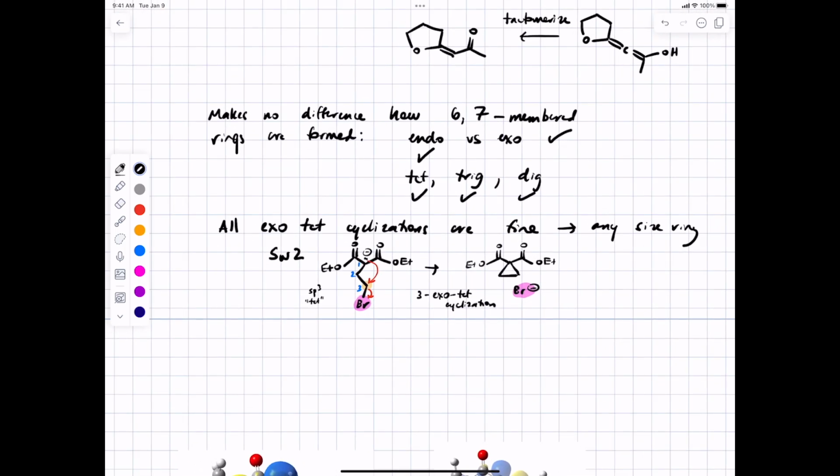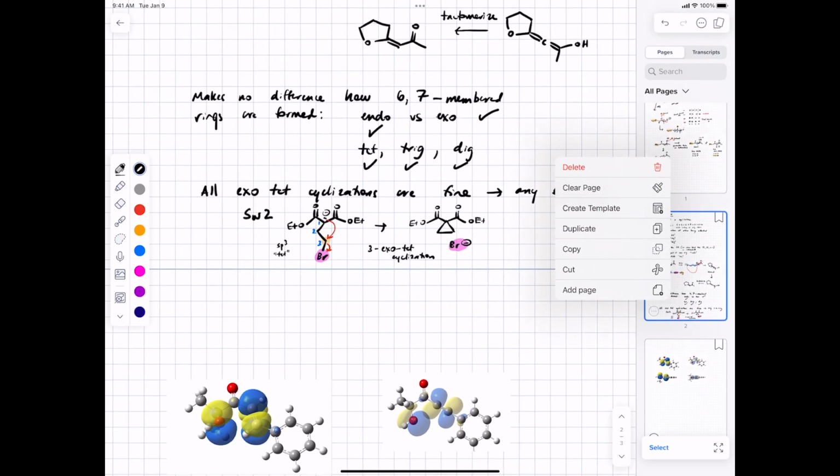Okay. But there are some interesting trends in the range of 3, 4, and 5-membered rings when the carbon that you're attacking is sp2 versus sp3 hybridized, and whether the atom that gets the electrons is inside the ring versus not. So we'll talk about those. And anyway, this comes up enough.